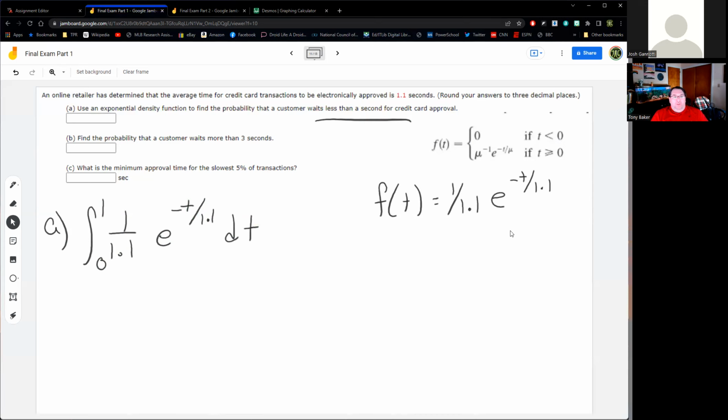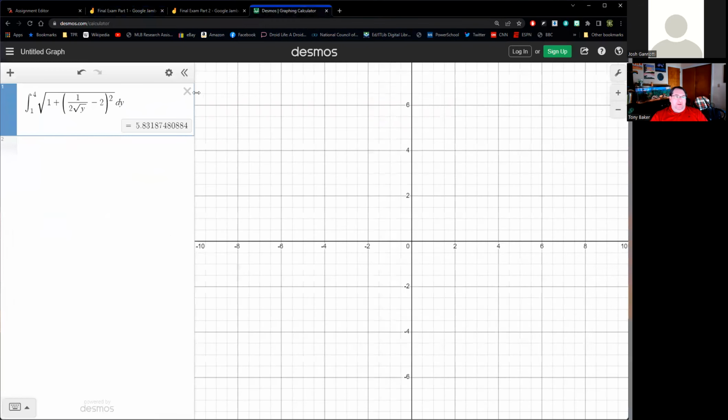You can do the integral notation for this one. Or you could actually do the integration out. They're not overly complicated. But since you're going to have to use a calculator anyway to actually do the evaluation at the end, because you're not going to be able to do e in your head, and they don't want it in terms of e, they want it rounded to 3 decimal places, use Desmos, because it's going to make your life a little bit easier, and it'll do it for you.